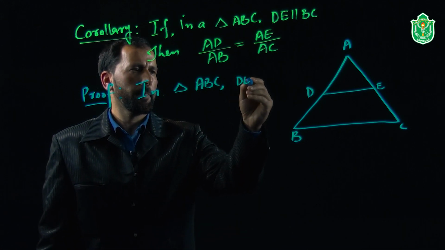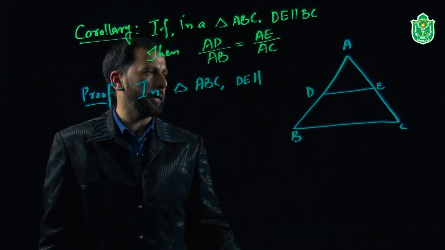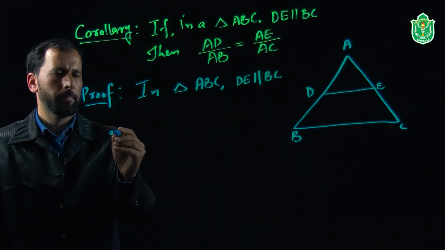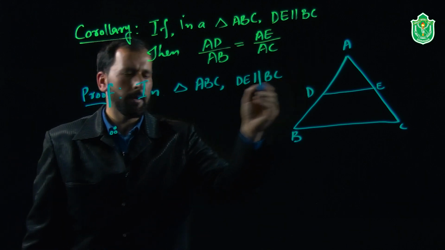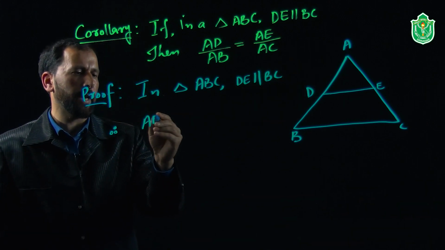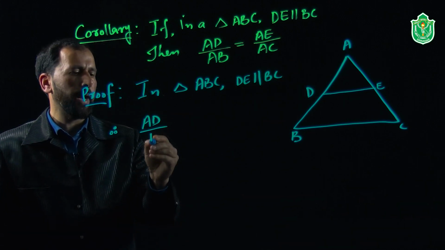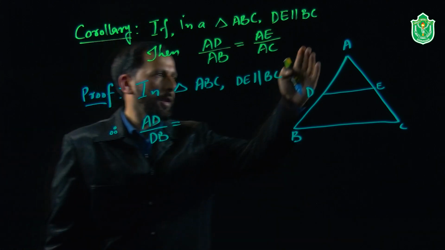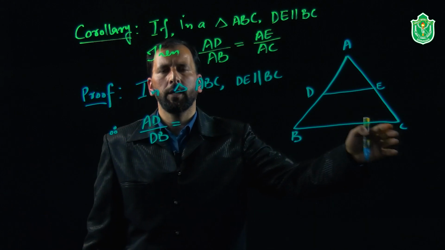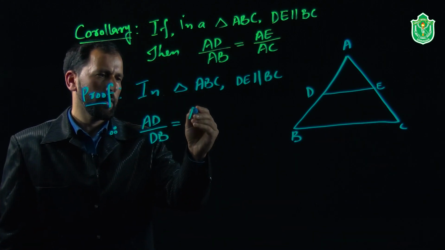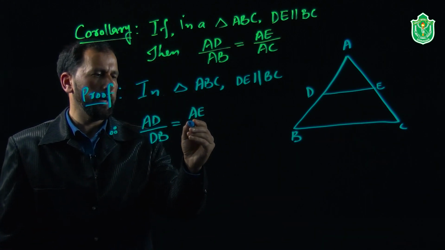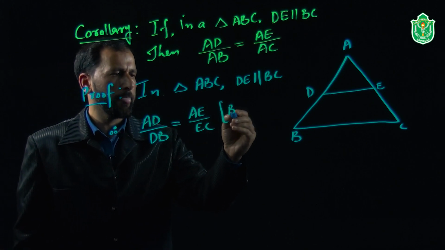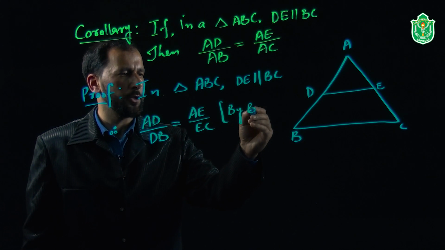Therefore, AD by DB is equal to AE by EC. The reason is the basic proportionality theorem.